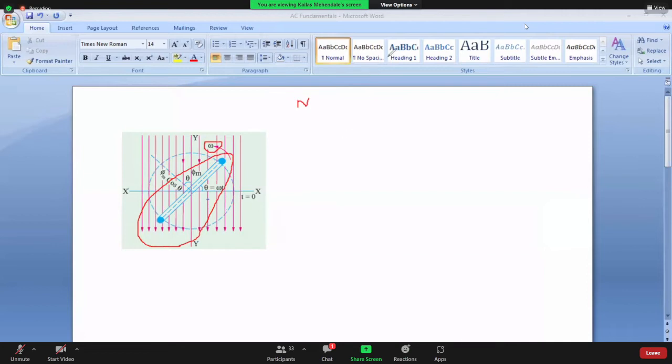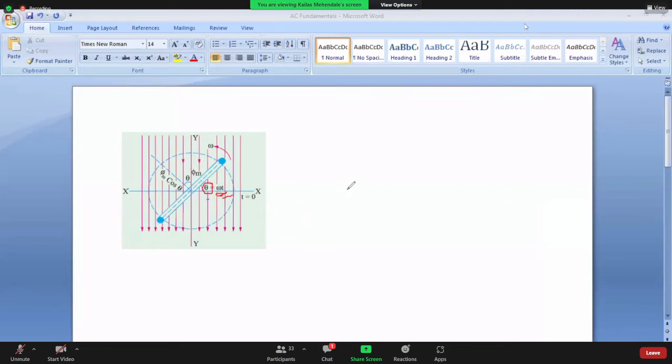And we have marked the position of the coil after time t. So this becomes angle theta, which is nothing but omega times t. Omega is angular velocity. So the coil has been displaced after some time, and the position has been marked over here.